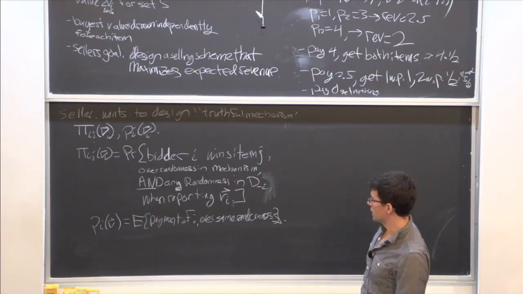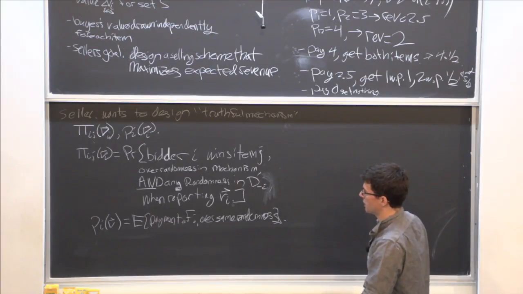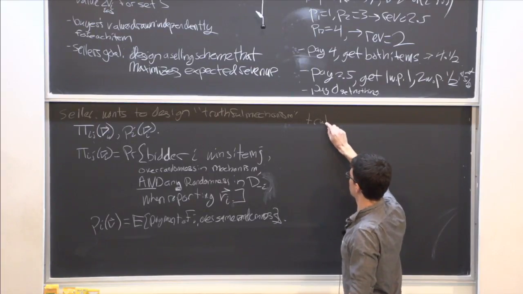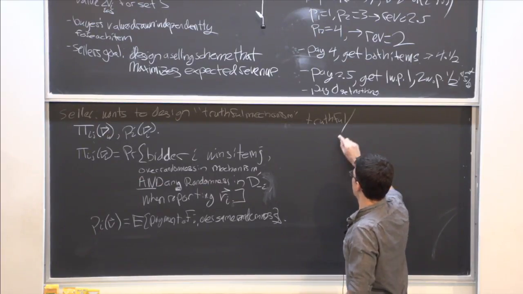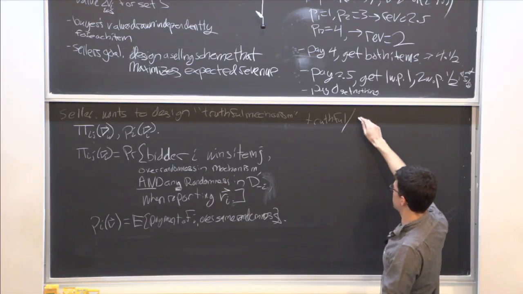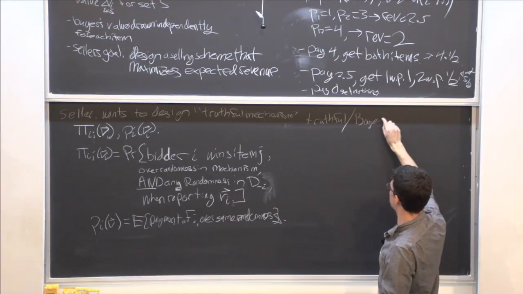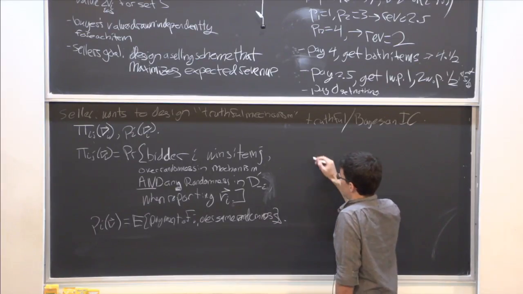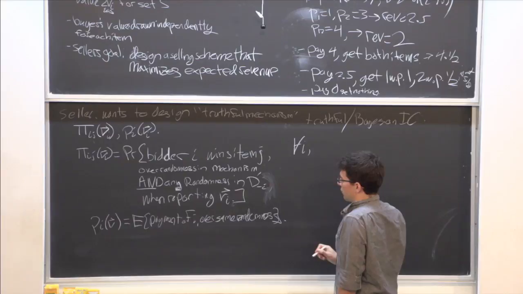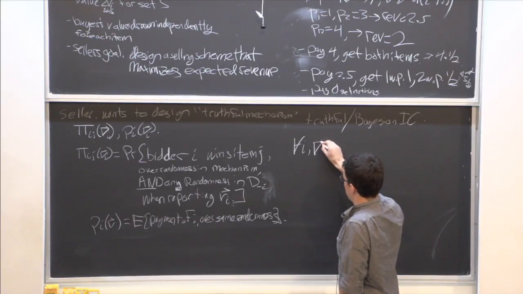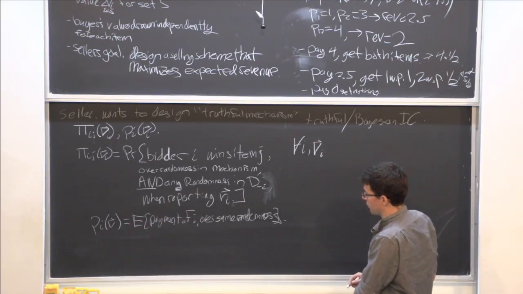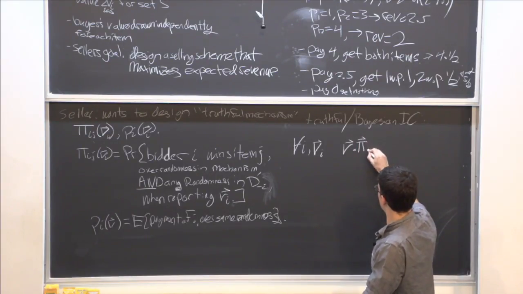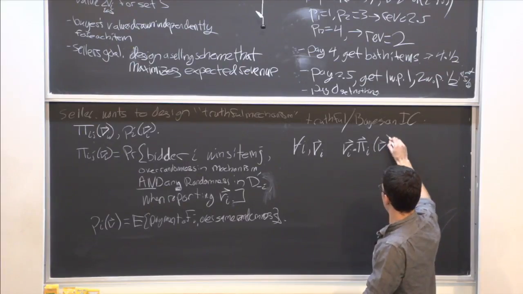So let me write a little bit more clearly what I mean. I want to say that a mechanism is truthful, and the slightly more formal term for this would be Bayesian incentive compatible, if, for all bidders and for all values that they might report, so let's parse this.